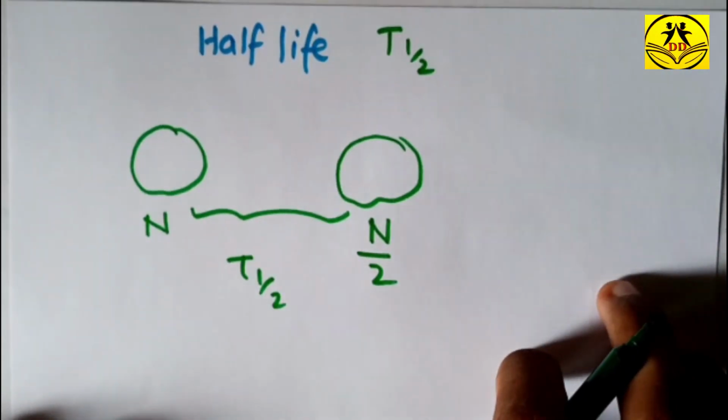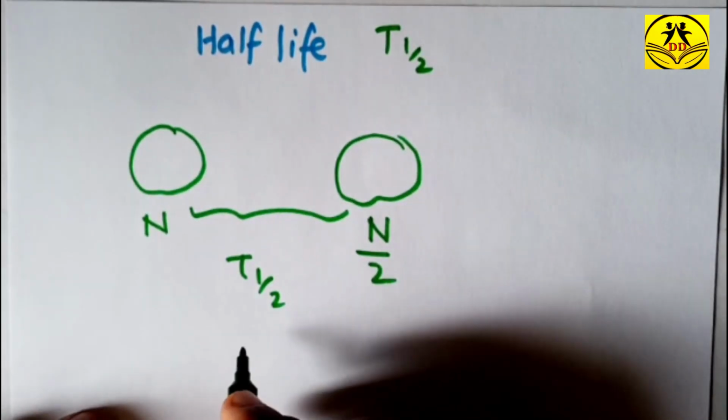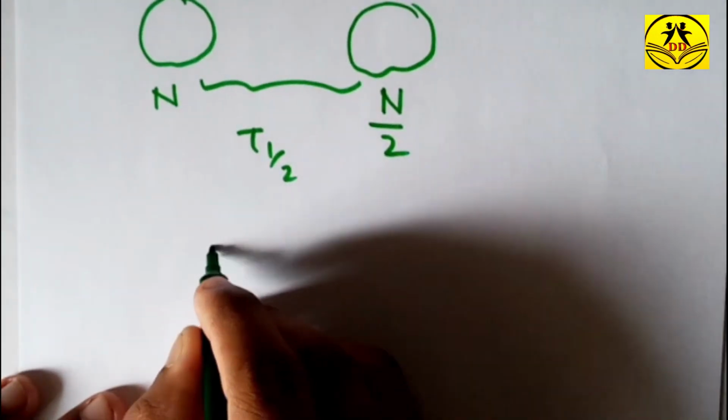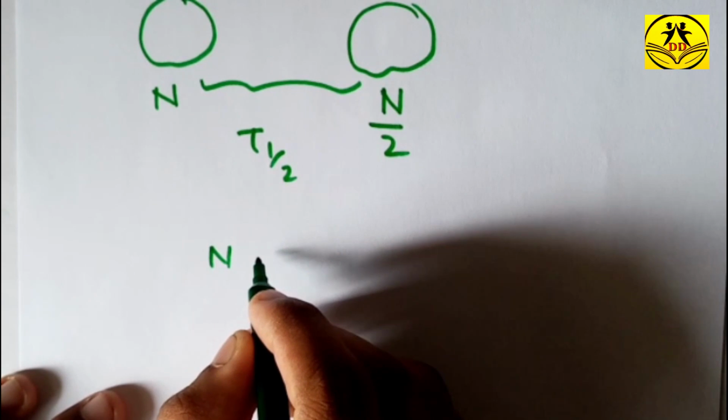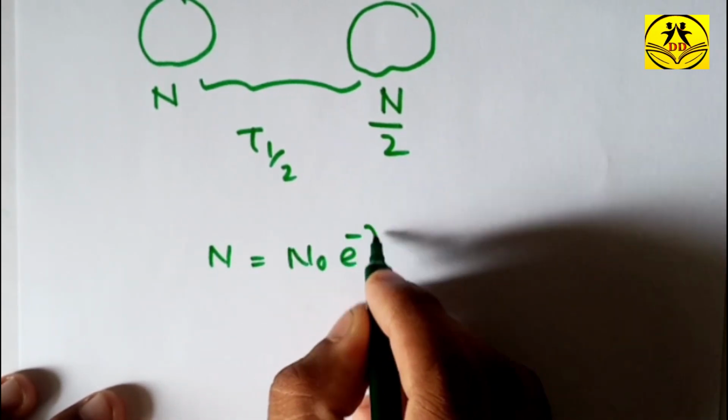So if we substitute to the equation that we know, which is N is equal to N naught e to the power minus lambda t.